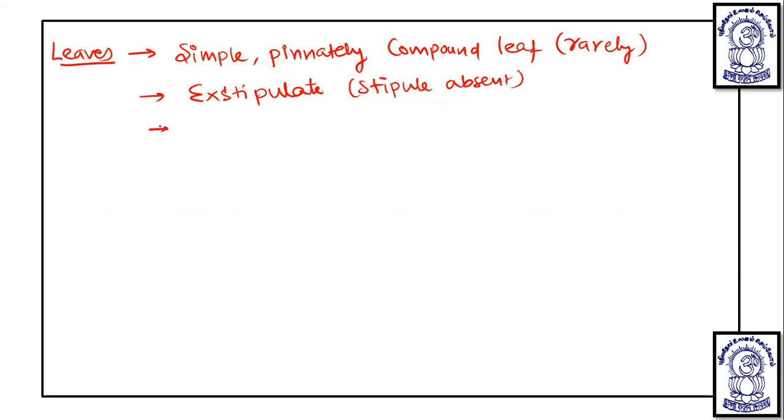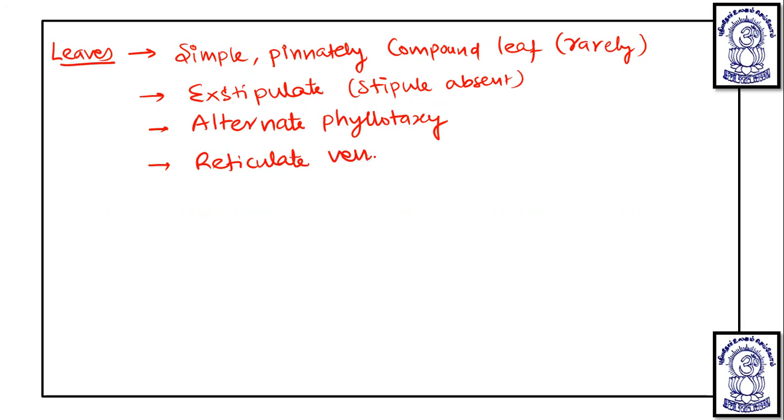Stipule is a small leaf-like structure which is present at the base of the leaf. They have alternate phyllotaxy and reticulate venation. Why reticulate? Obviously, it is a dicot family. So this is what is seen in the case of the vegetative characters.